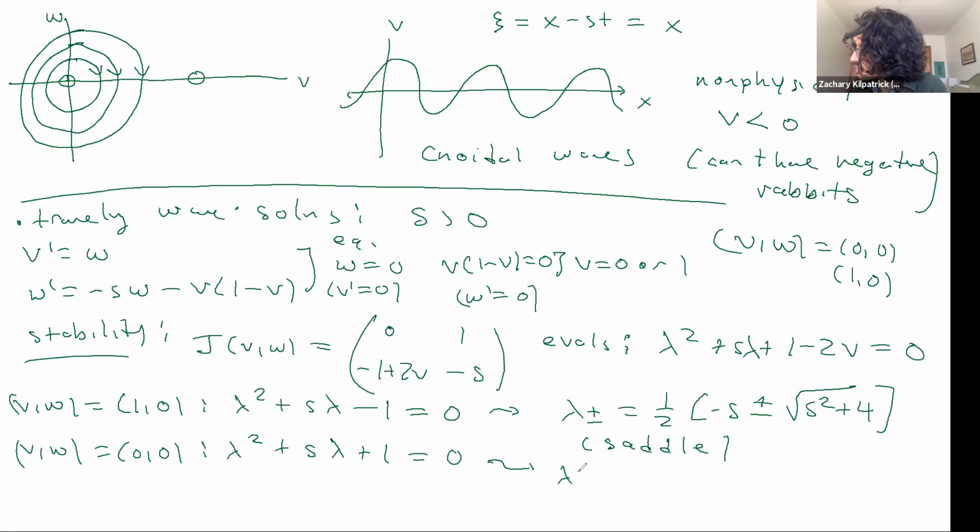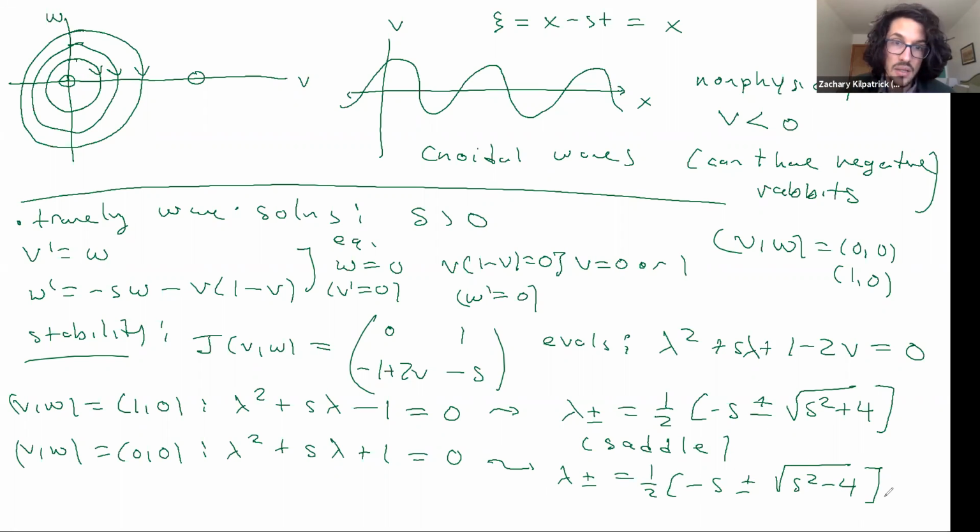So that is going to be lambda plus minus is equal to a half of minus s plus minus the square root of s squared minus 4. That's it.